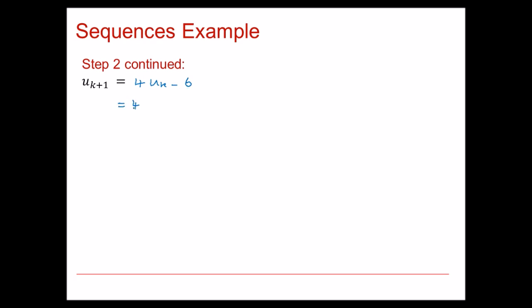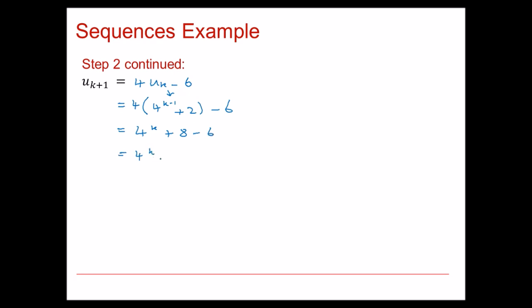And now we can use our assumption step to replace uk with 4 to the k minus 1 plus 2, minus 6. So that's where we've used our assumption step. If we expand the bracket using our laws of indices, we get 4 to the k plus 8 take away 6.